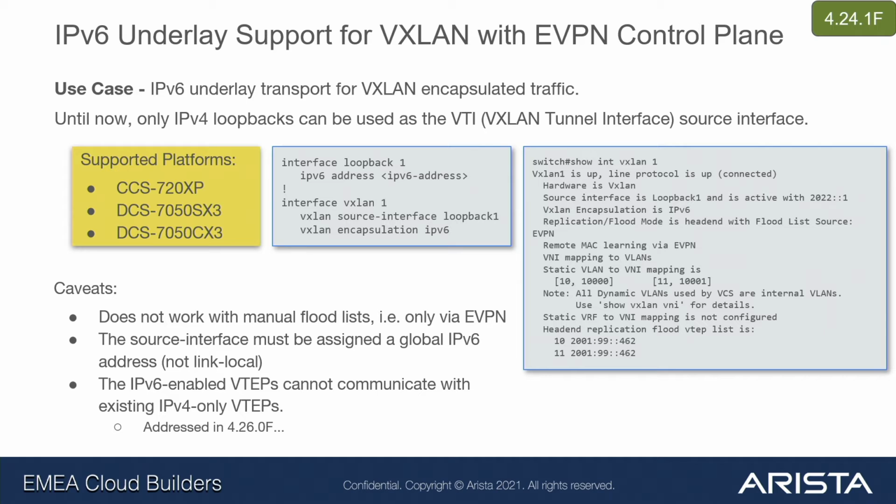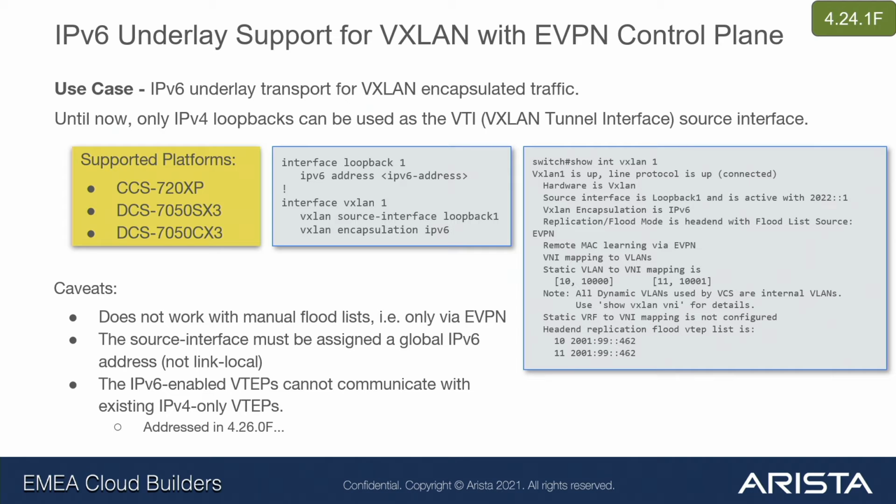But now we've added this support in the Trident 3 chipset, which is the 720XP, the 7050SX3, and 7050CX3. Here is a snippet of the configuration, not so easy to see, I know, but effectively we address the loopback with an IP version 6 address, and then under the VXLAN configuration we specify that the encapsulation will be with version 6.